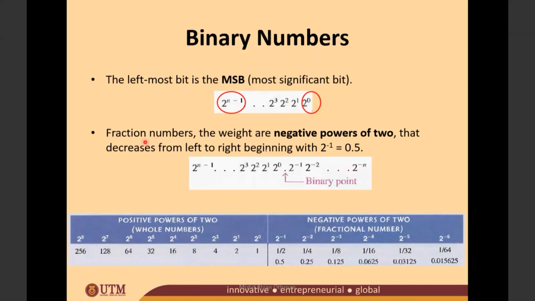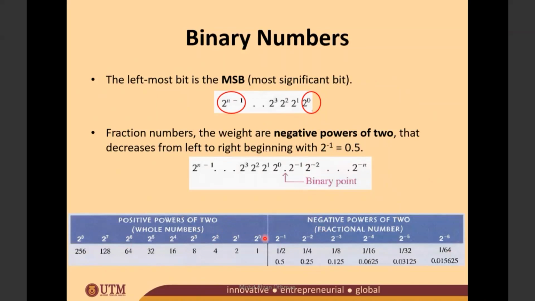Meanwhile, for the fractional number, the weights are negative power of 2. Okay, that will decrease from left to the right, beginning with 2 power of minus 1, which is equal to 0.5. Okay, this macam ni lah. Okay, so this is a whole number and this is a negative power of 2.